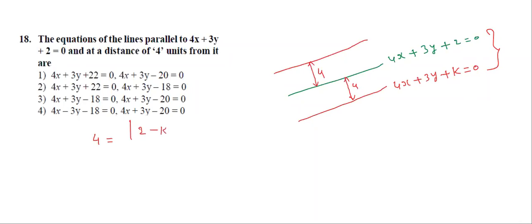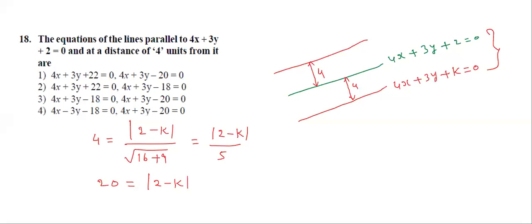Modulus 2 minus k divided by under root 16 plus 9, that is modulus 2 minus k divided by 5. 5 fours are 20. 20 is equal to modulus 2 minus k. Plus or minus 20 is equal to 2 minus k.